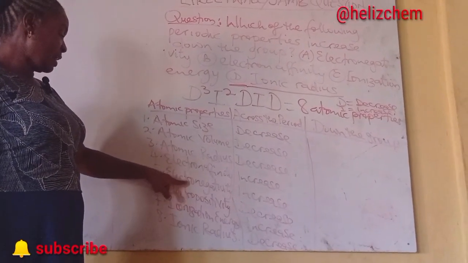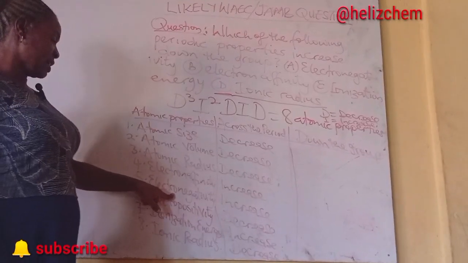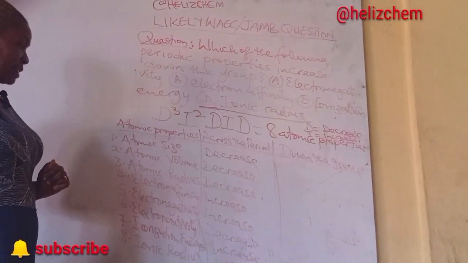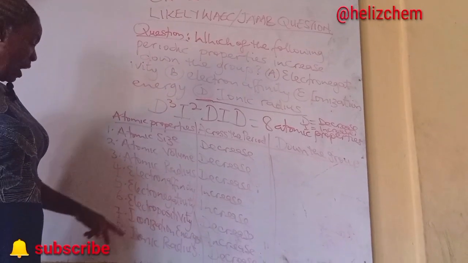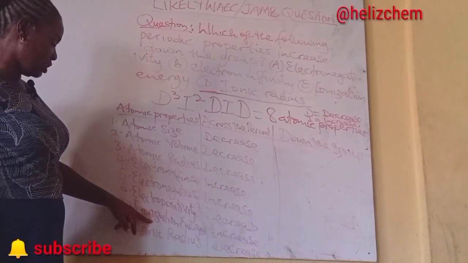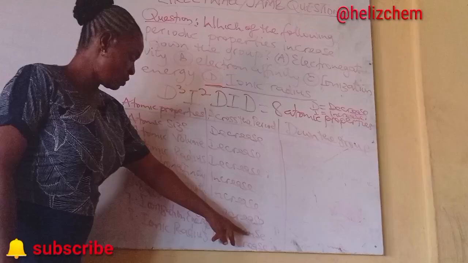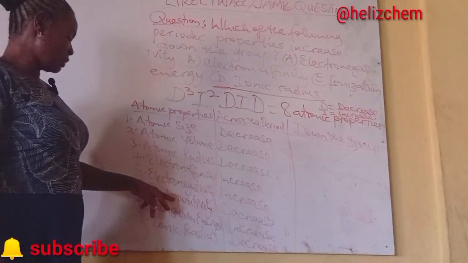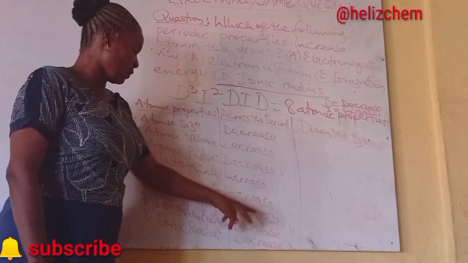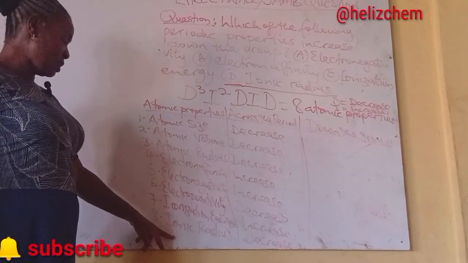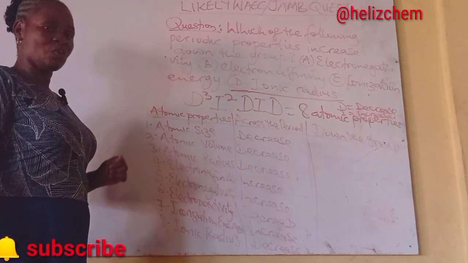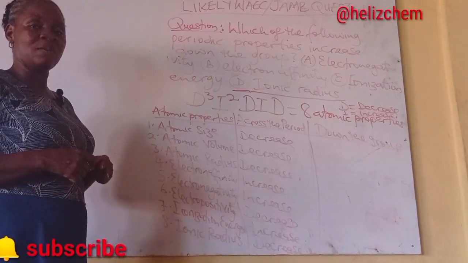Electron affinity and electronegativity increase from left to right across the period, while ionization energy increases from left to right, electropositivity decreases from left to right, and ionic radius decreases from left to right across the table.